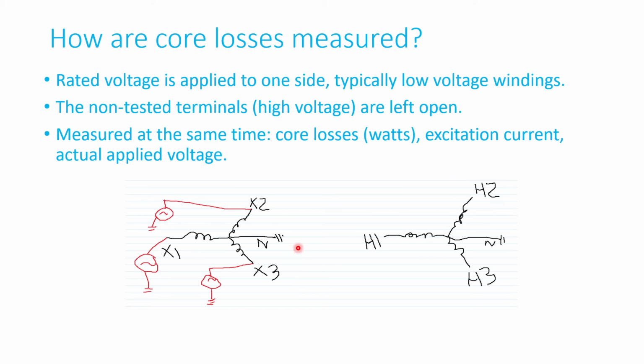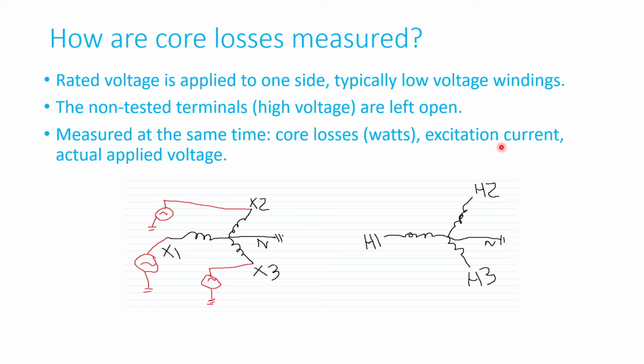So here are the terminals. You have X1, X2, X3, which are connected to the voltage source. And the high voltage winding, H1, H2, H3, are not connected to anything. They're left open. The non-tested terminals, the bushings, are left open. Measured at the same time are core losses in watts and excitation current in amps.